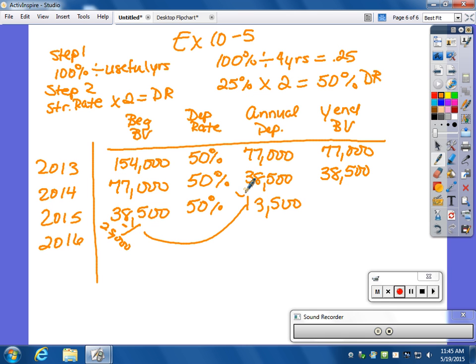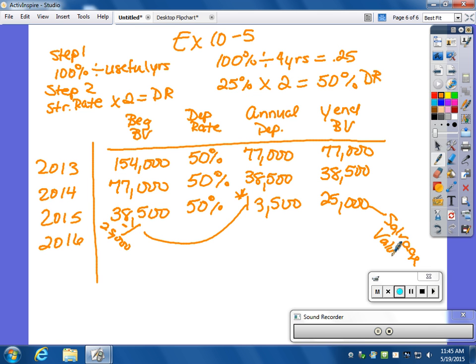Because it can't depreciate more. Right. So 13,500 brings our book value down to what now? 25,000, which also matches the salvage value. So we stop right here.